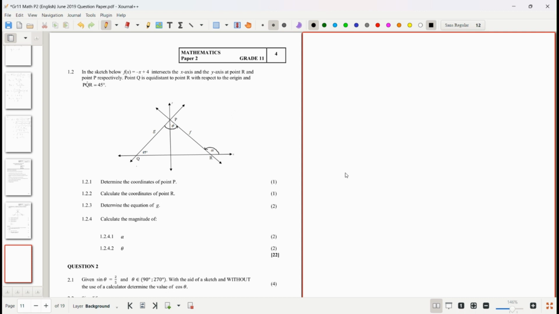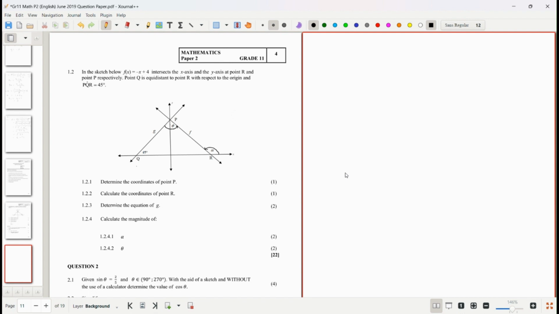In this question, we are asked to determine the coordinates of P. In 1.2, in the sketch below, we're given the function f, which is f(x) equals negative x plus 4. It intersects the x-axis and the y-axis at points R and P respectively.